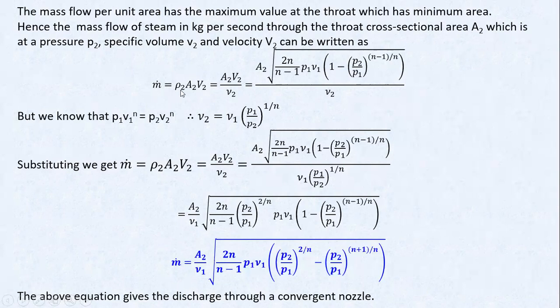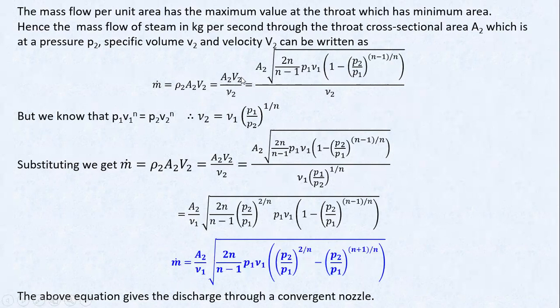The density unit is kg per meter cube, which can be taken as 1 by v, where v is the specific volume, with unit meter cube per kg. So I am replacing ρ2 by 1 by v2, giving A2 into V2, the velocity at the throat, divided by small v2, the specific volume of the steam at the throat.